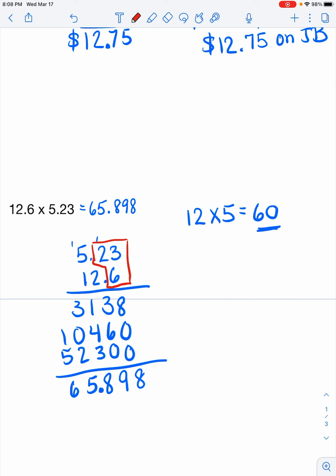So 5.23 has 2 decimal places, 12.6 has 1 decimal place, and so your answer should have 3 decimal places. In other words, 3 places to the right of the decimal point, and here we have 3 places to the right of the decimal point.